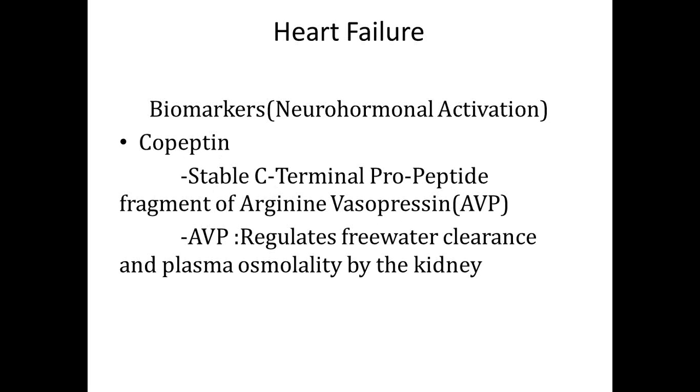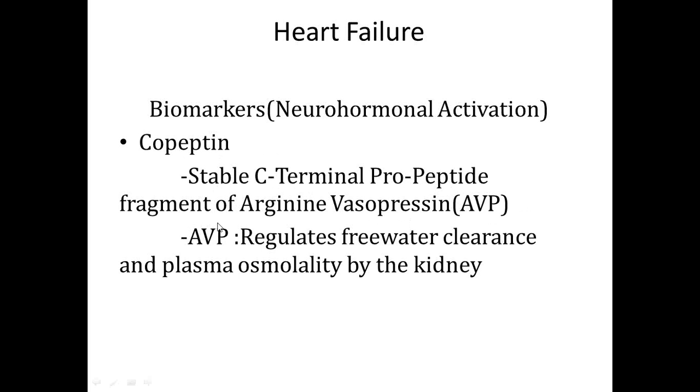It just tells you what portion of, if you have a long chain polypeptide or protein, you can say where a certain portion of it is by using the C-terminal and the N-terminal. So the copeptin is the stable C-terminal propeptide fragment of arginine vasopressin, AVP.